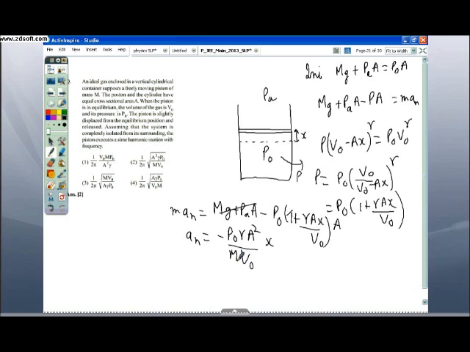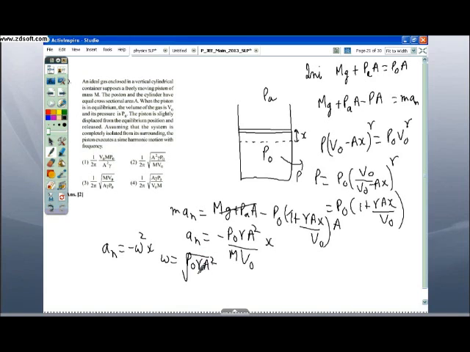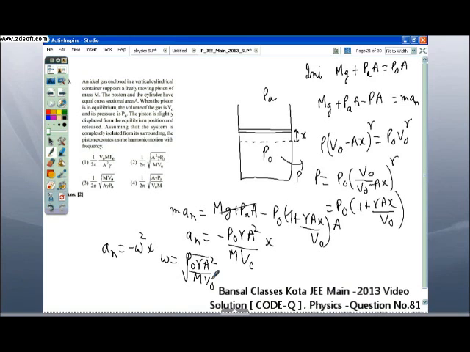And we know in SHM acceleration equal to minus omega square x. So omega comes out to be root of P naught gamma A square upon m V naught, which gives us the answer as 2.